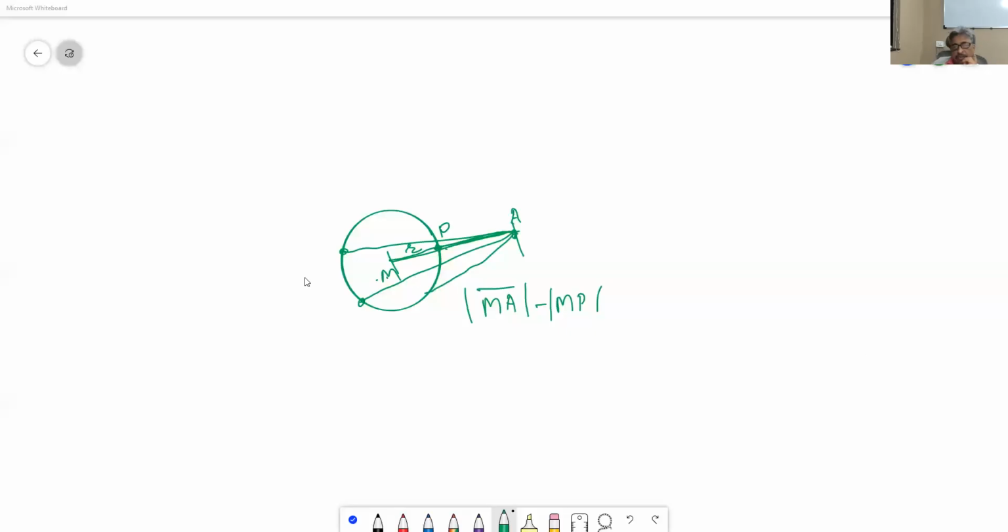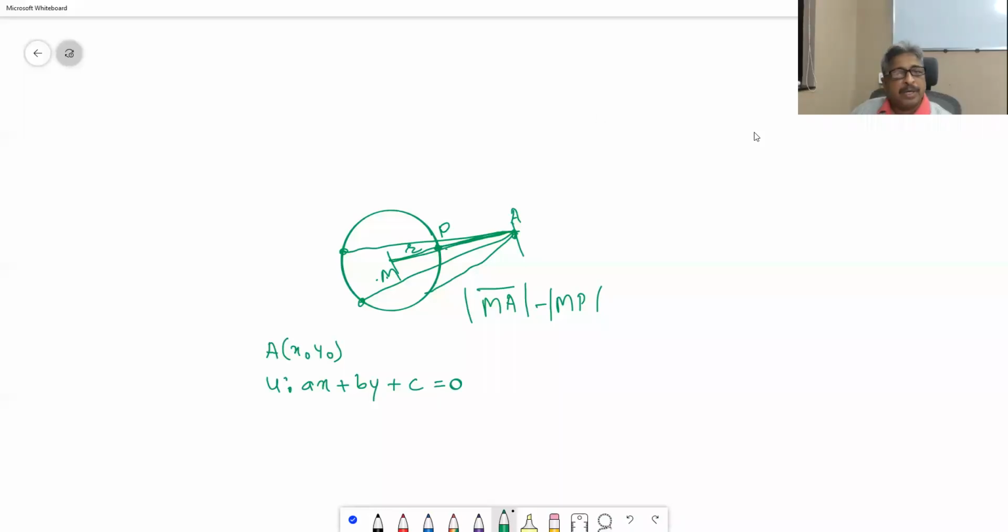Okay, we have learned the formula of distance from a point (x naught, y naught) to the line ax + by + c = 0. Many of you will remember it, some of you will not, but that is always the case.